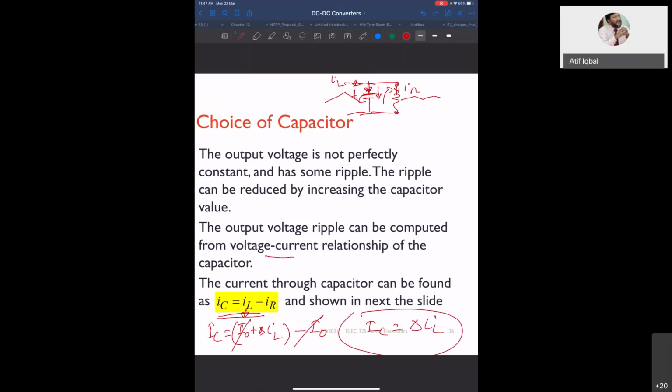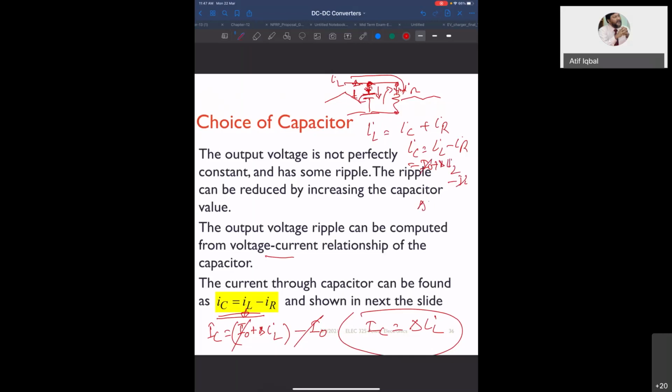That means whatever is the ripple in the inductor, the same will pass through the capacitor. The average DC will go to the resistance, and the AC will go to the capacitor. Capacitor does not allow the DC to pass. You see this mathematically also. When you apply KCL here, IL is equal to IC plus IR. So IC is equal to IL minus IR, and IL is nothing but I naught plus delta IL, minus I naught.